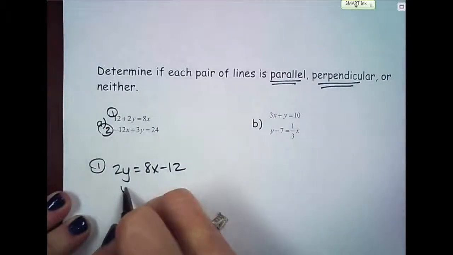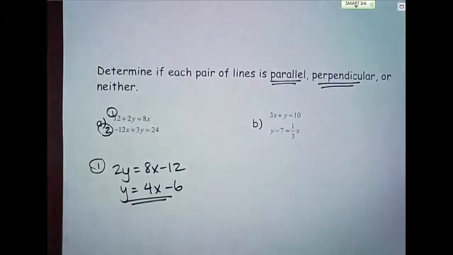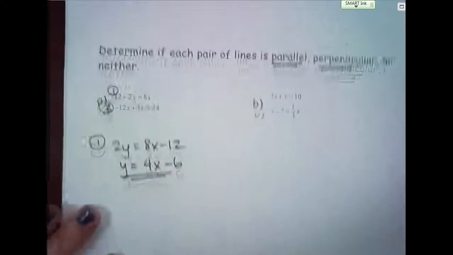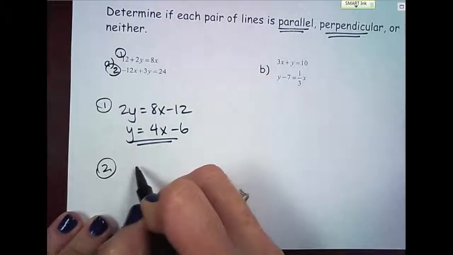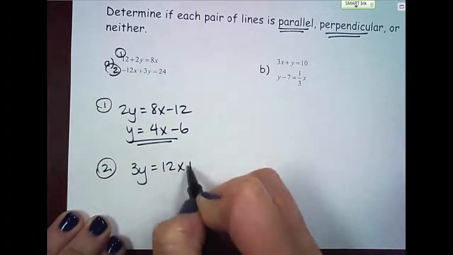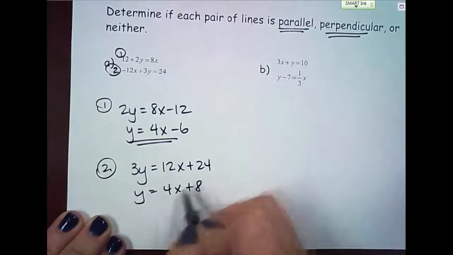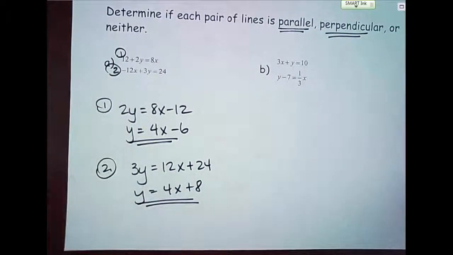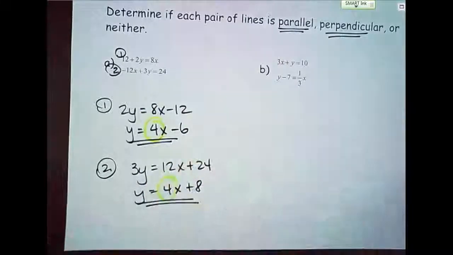Now divide everything by 2. So this is line 1. Line 2, I'm going to move the 12x over and divide by 3. What do you think? The slope of line 1 is 4 and the slope of line 2 is 4. Are they parallel? Yes, absolutely.